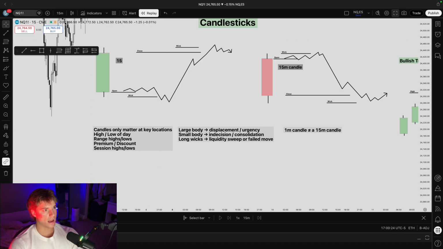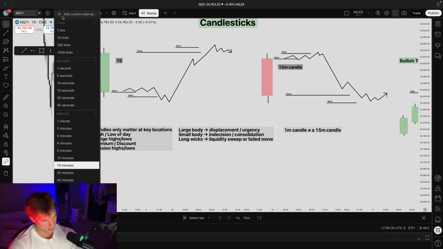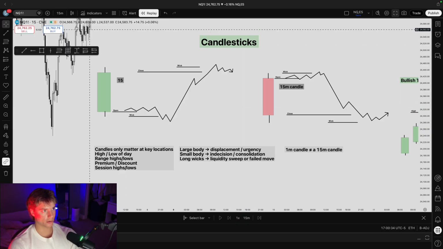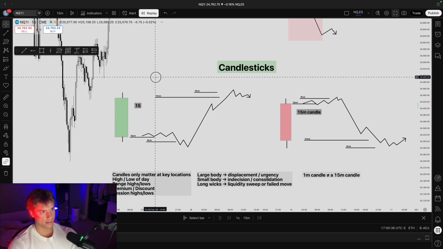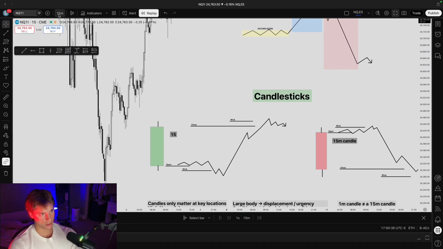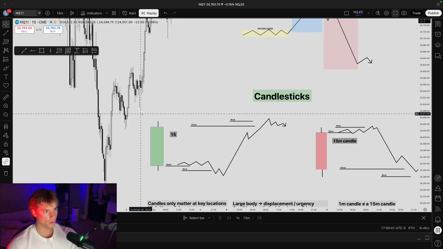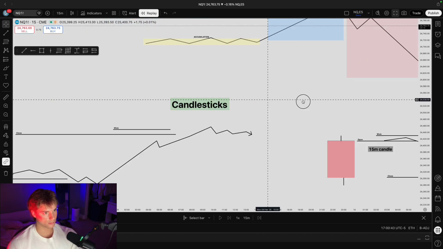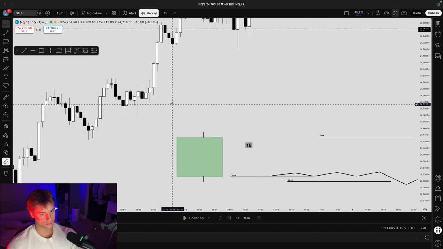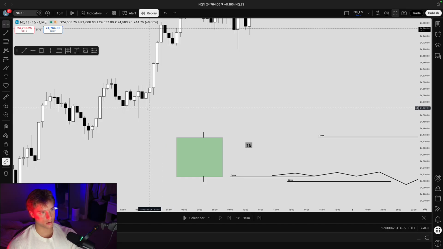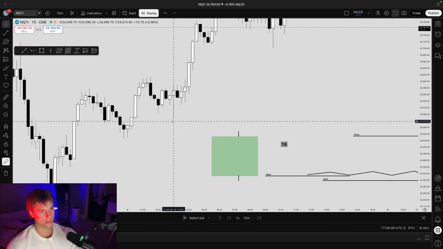So I've been saying that these are 15-minute candles because as you can see right here, we are on the 15-minute chart. These candles change based off of what time frame chart you're on. So since we are on a 15-minute chart, that means each one of these candles represents a 15-minute time period.